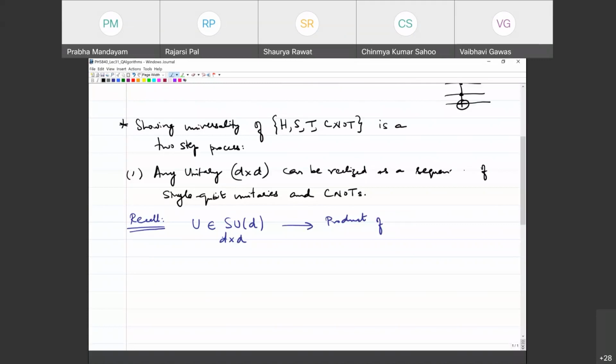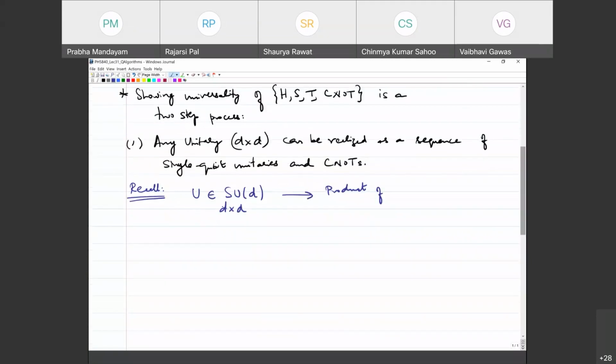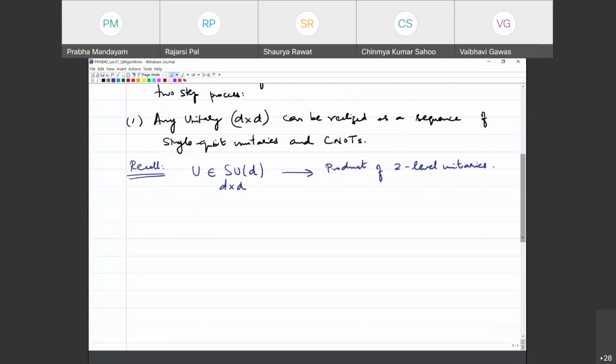And let me say the product statement here, that any D cross D can be written as a product of what are called two-level unitaries, right? I know it's been so long ago, but I hope you recall this. And what we showed was that we did the 3 by 3 example, right?